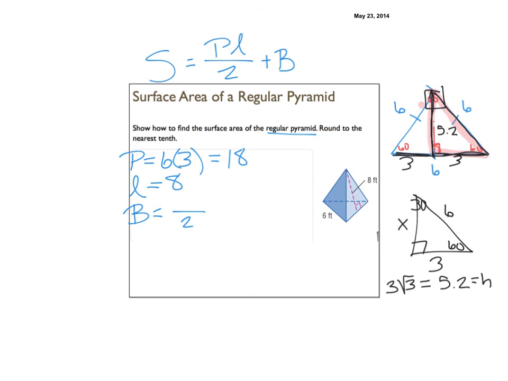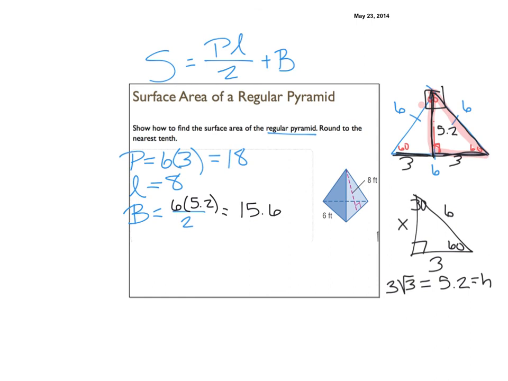To find the area, we take our base, which is 6, times our height of 5.2, divided by 2. And 6 times 5.2 divided by 2 gives us 15.6.